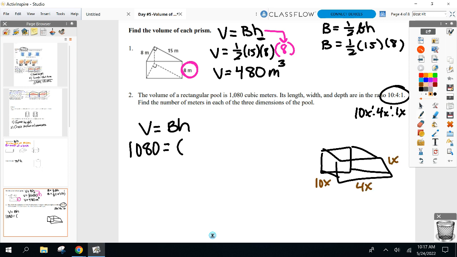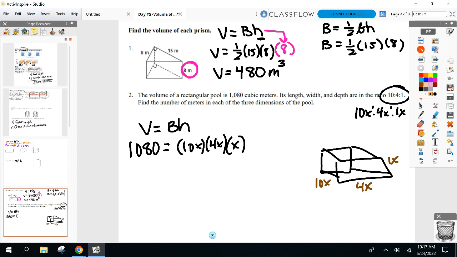What's capital B? Base. So 10x times 4x. And then what about your height? So don't add them on me. Okay, don't add them. Everyone's good?